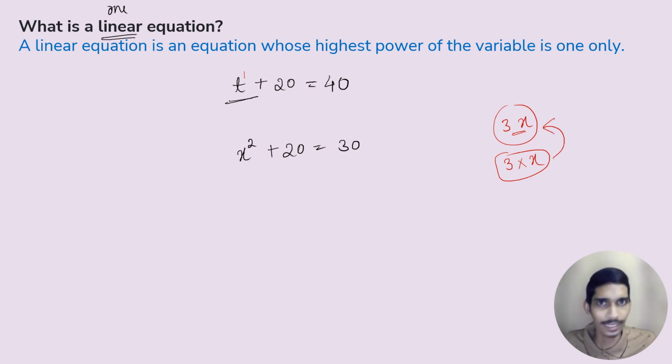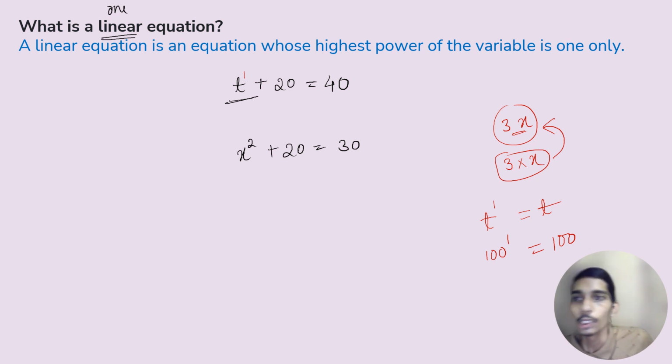We directly write 3x. Same case with powers. If there is a power 1 on any variable or any number, we don't show it. We simply write t. T to the power 1 is nothing but t. If it were a number, suppose 100 to the power 1, we will normally write it as 100. We won't show the power 1.